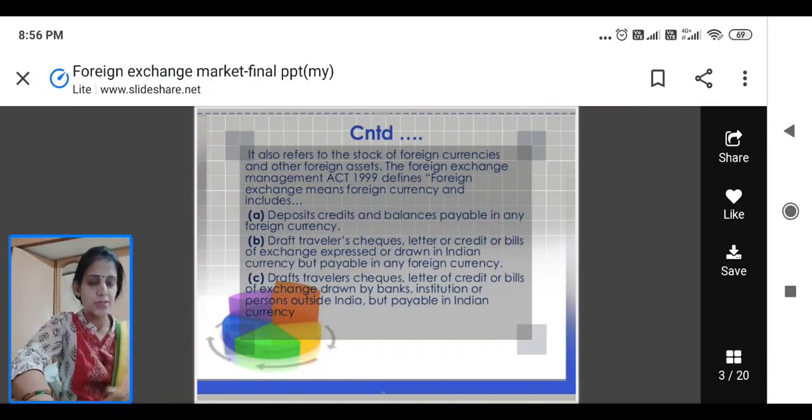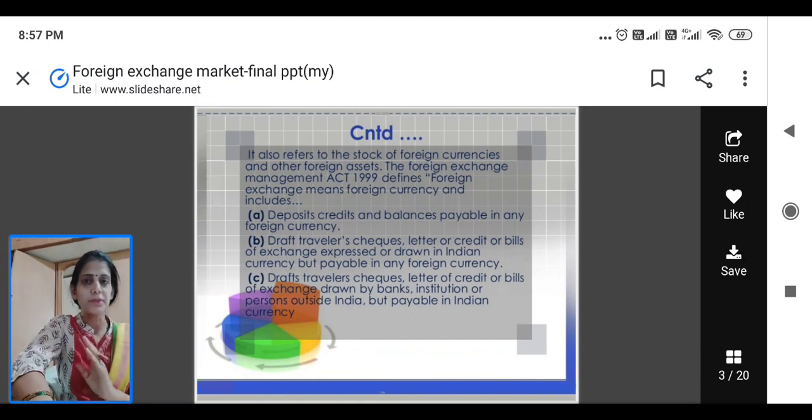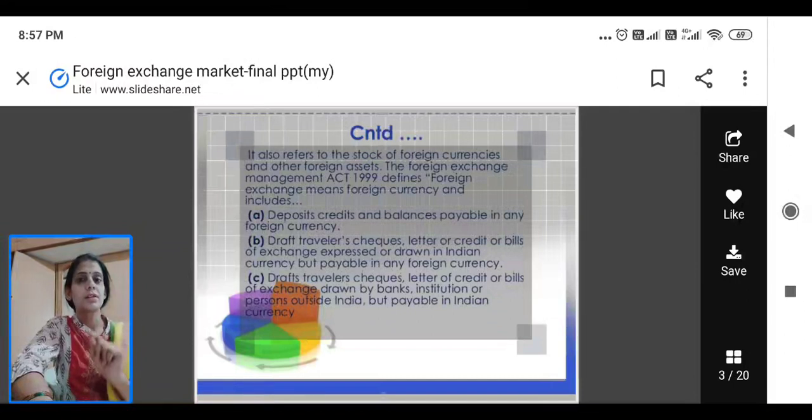Apart from those natures of things, I would like to say there are three major functions of foreign exchange, which are not explained in the slides, but for your knowledge's sake. What are the major three functions this foreign exchange works with? The transfer function, secondly the hedging function, and then the credit function.